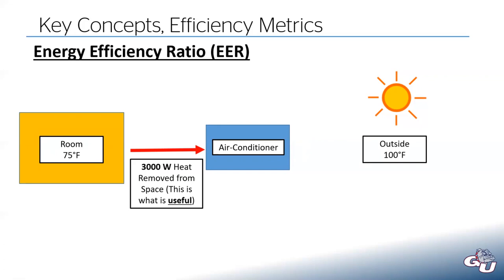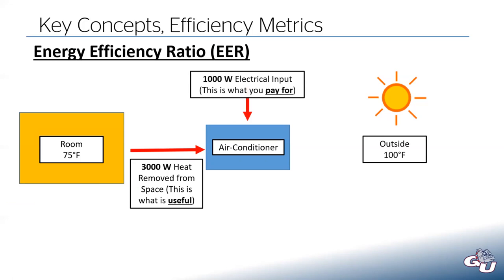And back to this idea, this is the useful part. This is the part of the air conditioner that is its job. How much heat can I take out of the space? To run that air conditioner, we need to put in 1,000 watts of electrical input. And so that's what's coming from the utility company, and that's what we need to pay for.